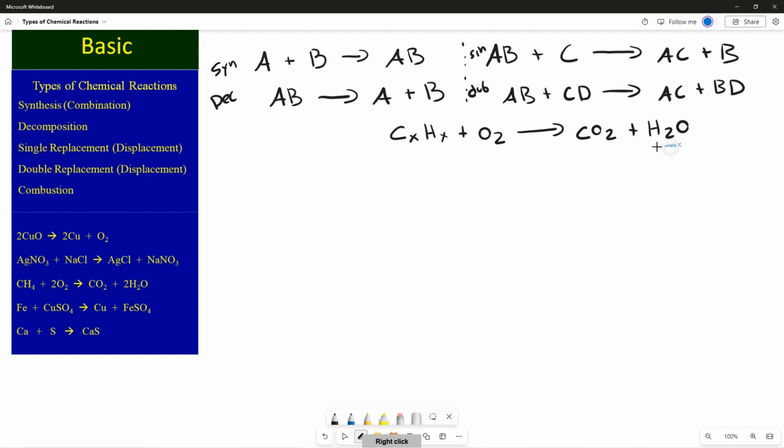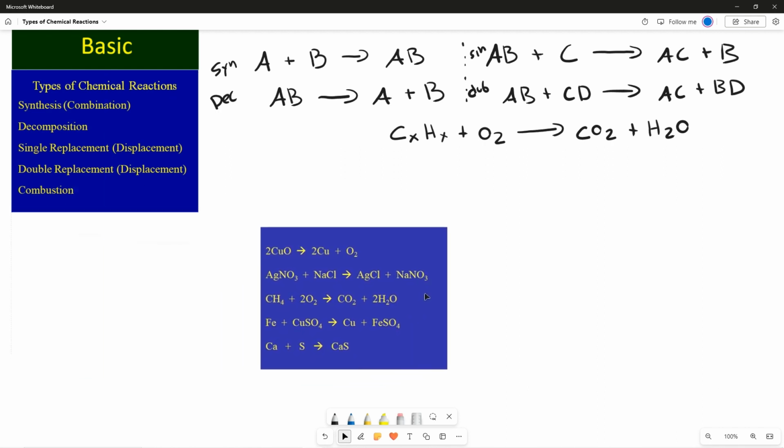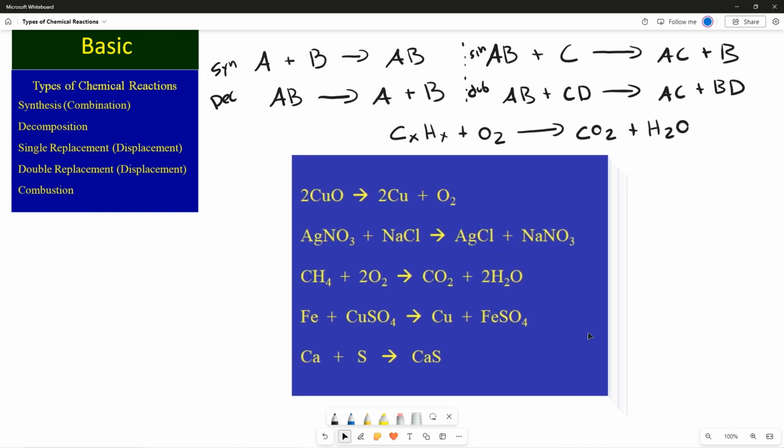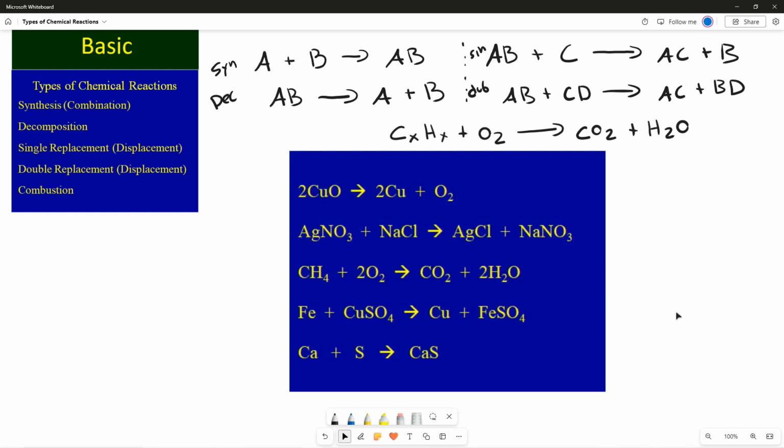So whenever something burns, it is actually producing water in the form of water vapor. All right, so these are some generic examples of the 5 types of reactions. Now let's take a look at the problems I have down here and see which categories each of these reactions would fall into.